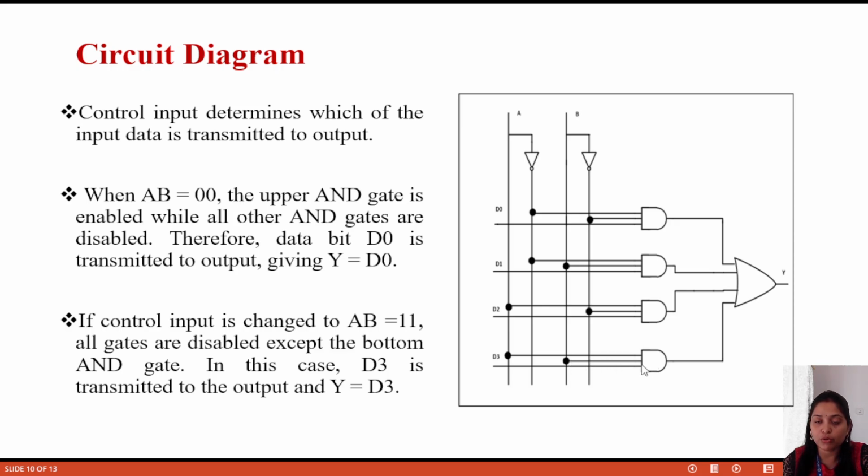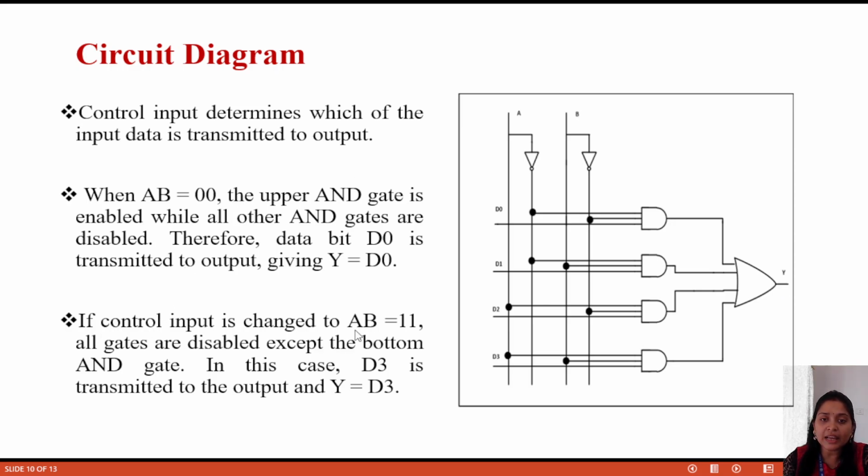All of you know that if one of the inputs of an AND gate is 0, the output will be 0. So when we give only the 0 0 combination, except this AND gate, all other AND gate outputs will be 0, and only this output result will go to the final output Y.